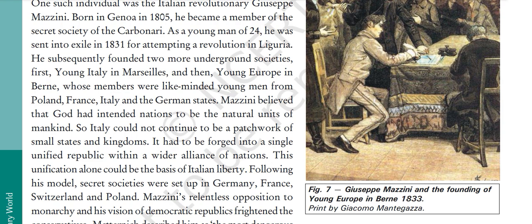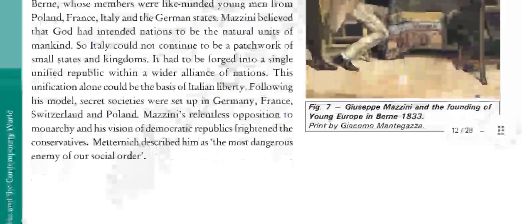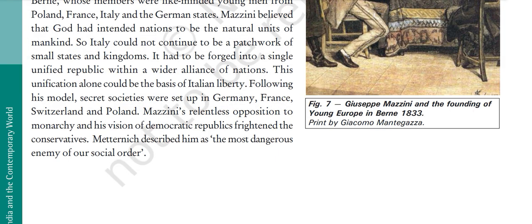Following his model, secret societies were set up in Germany, France, Switzerland, and Poland. Mazzini's relentless opposition to monarchy and his vision of democratic republics frightened the conservatives. Metternich described him as the most dangerous enemy of our social order.